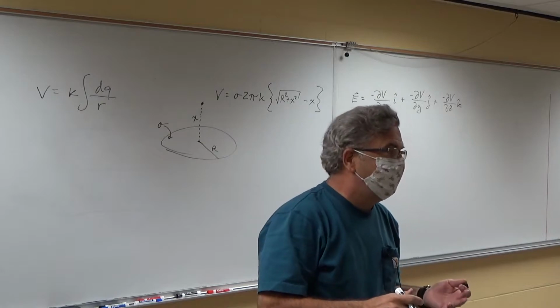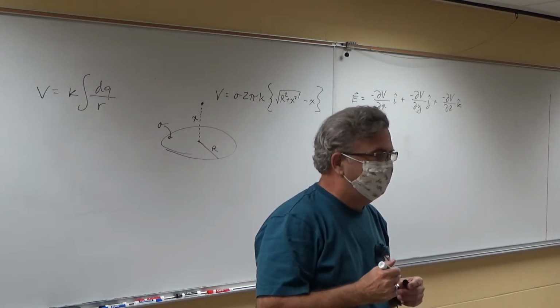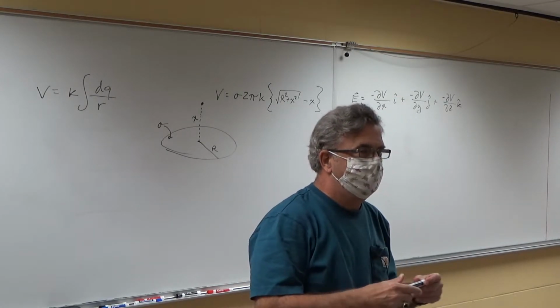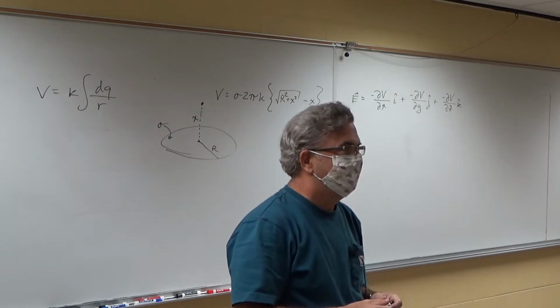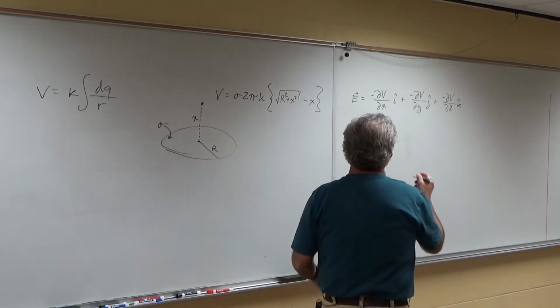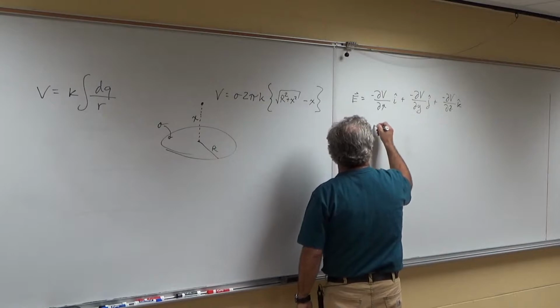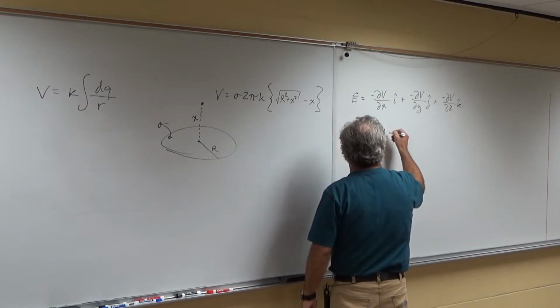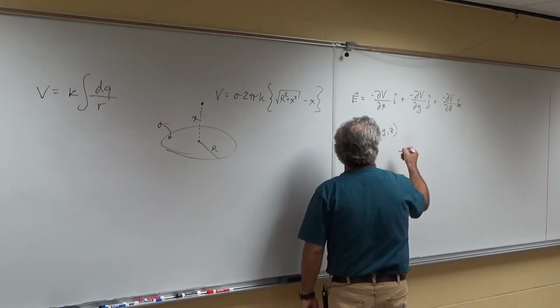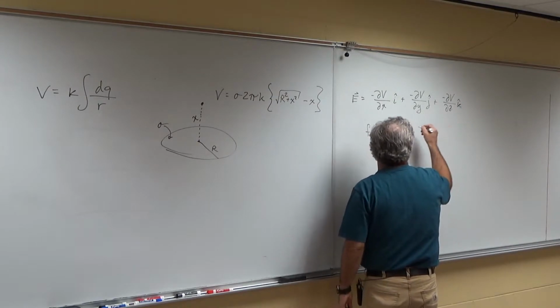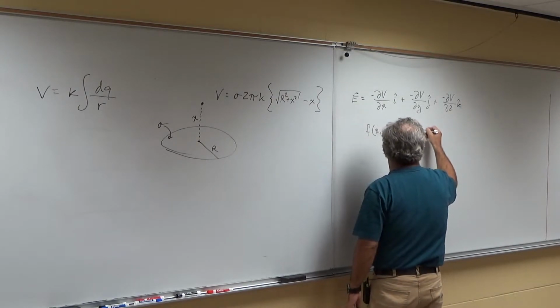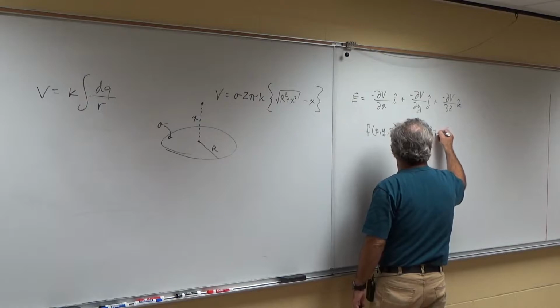If you've never seen partial derivatives before, they're pretty darn simple in a very simple case. If you have a function of x, y, and z, I'm going to just write down some 3x squared y cubed z.